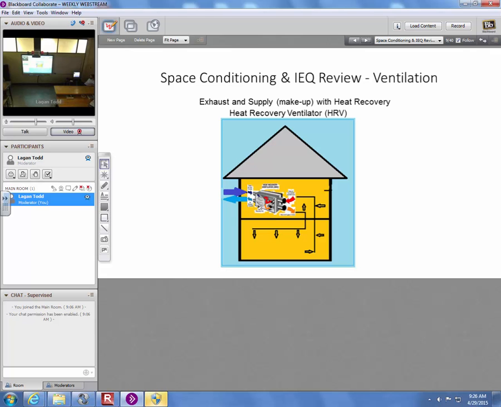Okay, so we take our fresh air, bring it in through the heat exchanger, deliver it to a supply duct, and then deliver it to various points in the house. We simultaneously are picking up exhaust air at several points in the house and bringing it to the HRV. HRVs work well when they have a high effectiveness rate.